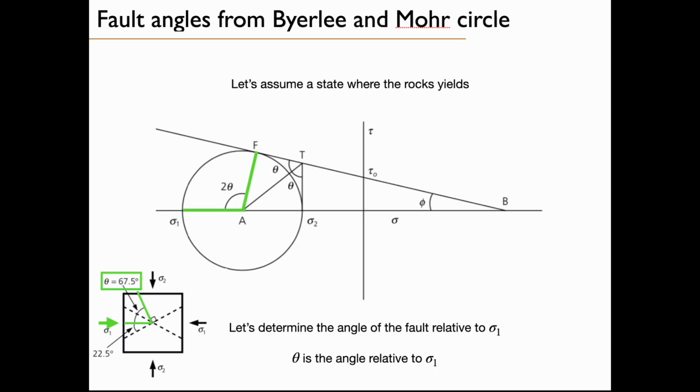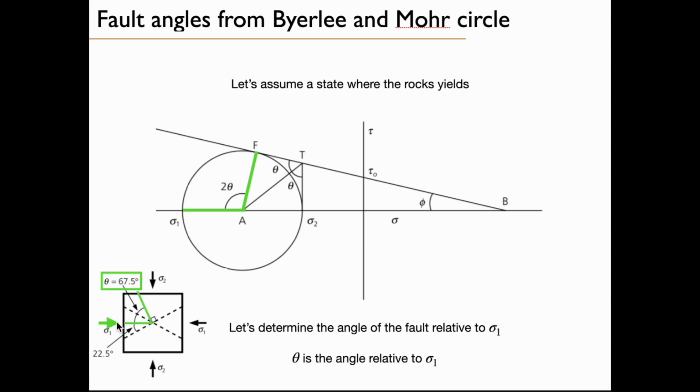So you can imagine we have tectonic systems, and in a tectonic system, there's a sigma 1 acting in a direction, and we want to predict at which angle from sigma 1 a fault is going to develop. We can use this construction here to determine that angle. So I will introduce the angle 2 theta and the angle of the fault.